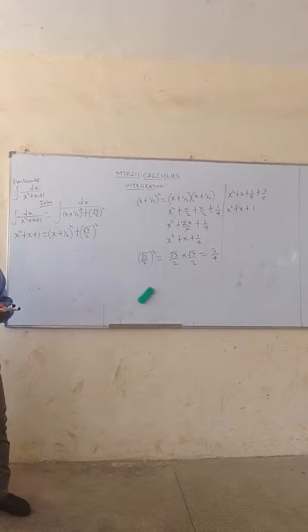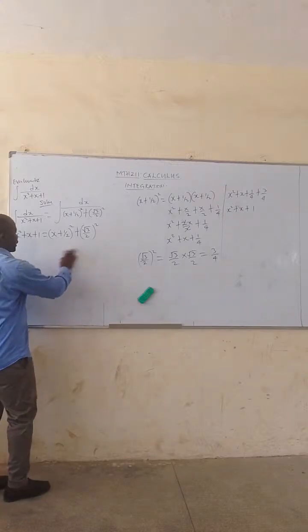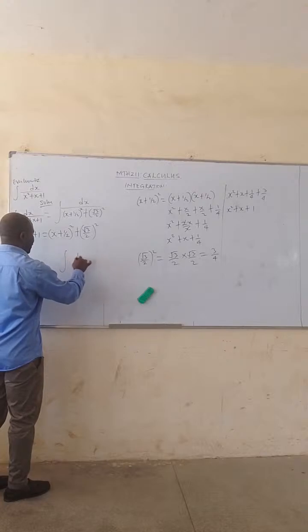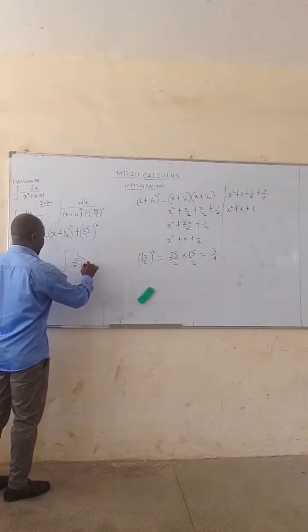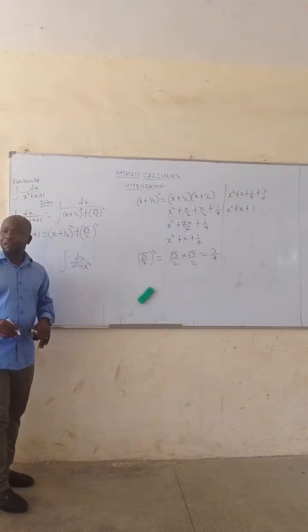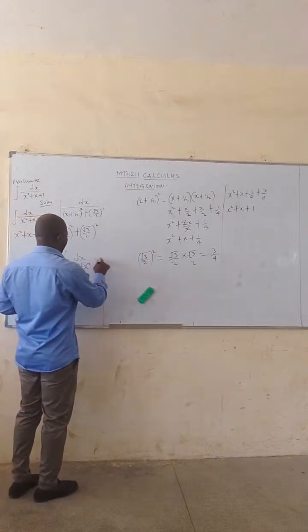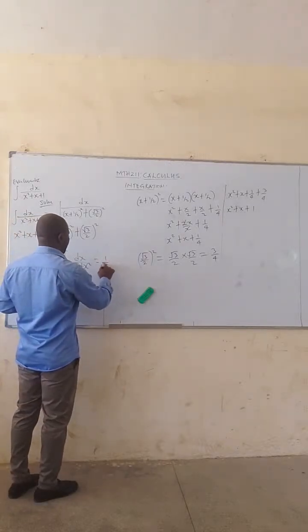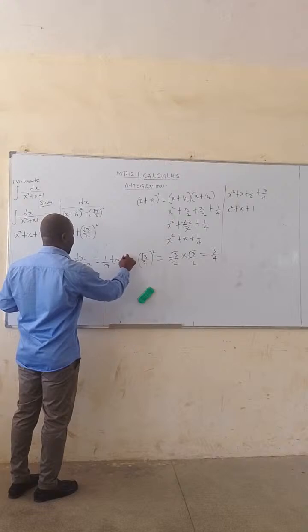Those properties that you write down, tan inverse, because tan inverse is when we have a squared plus what? x squared. True or false? This is going to give you what? 1 over a tan inverse, right?